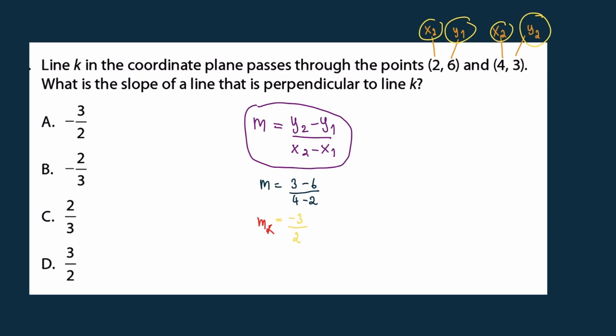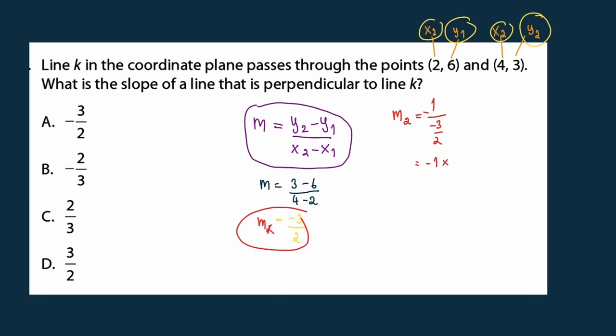They ask you to find the slope of a line perpendicular to this, so we need to use the reciprocal formula. I suppose this is m2, and m2 equals minus 1 over the gradient of the first line, which is minus 3 over 2. So it equals minus 1 divided by minus 3 over 2.